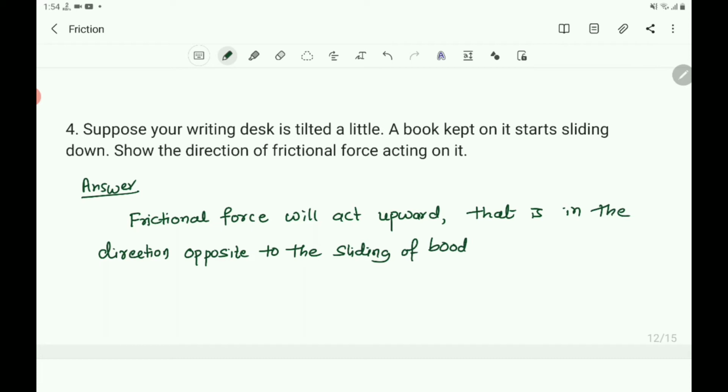So the book is sliding downward, so the frictional force must act upon it to oppose its motion, that is in the upward direction.